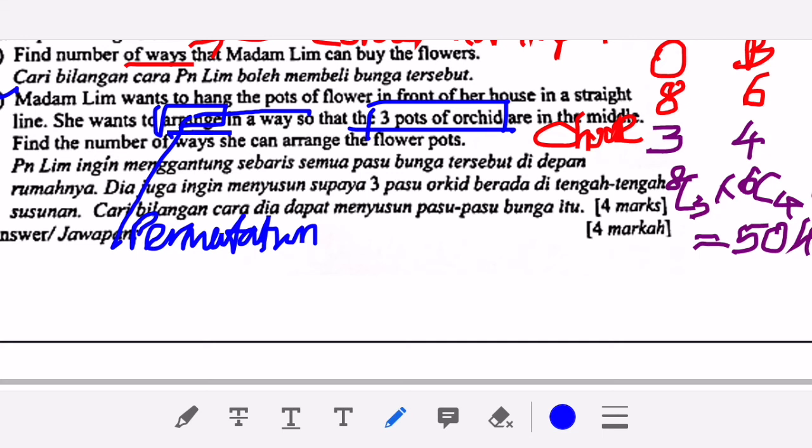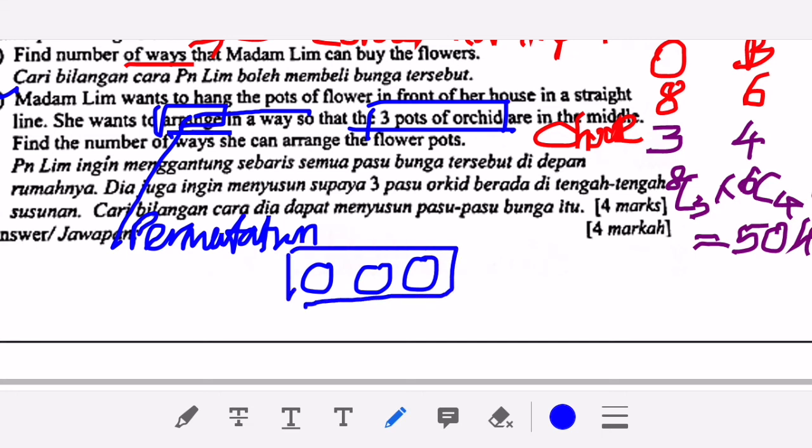So the 3 orchids must be together, at the middle. Let's say we put the 3 orchids into a box, because we want them to be together. Now how many ways are there to arrange the 3 orchids in the box?